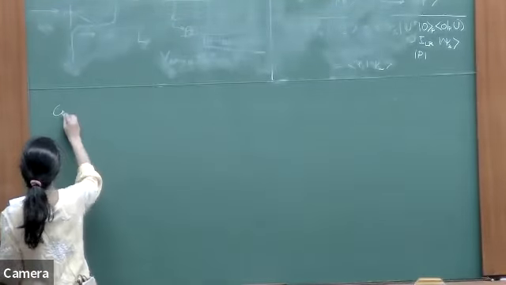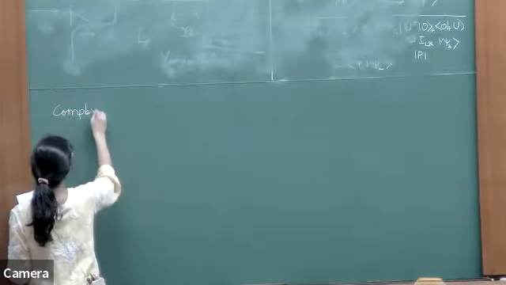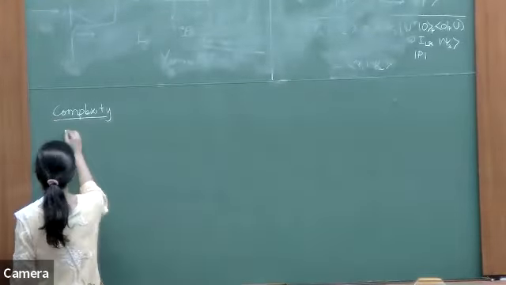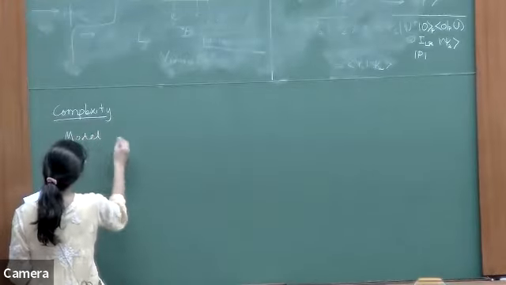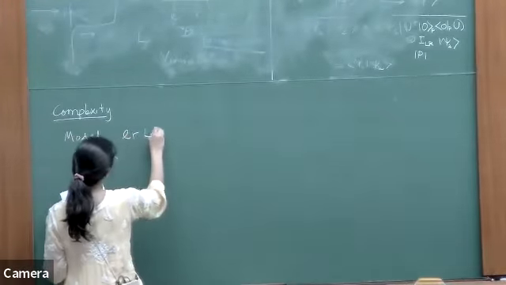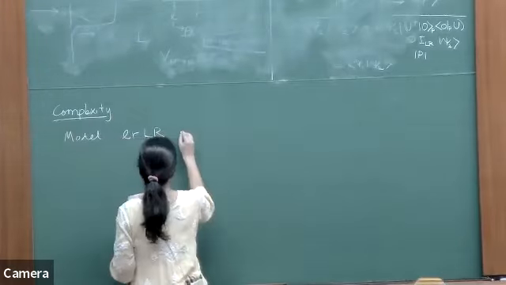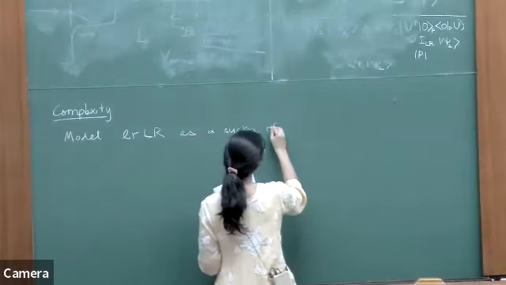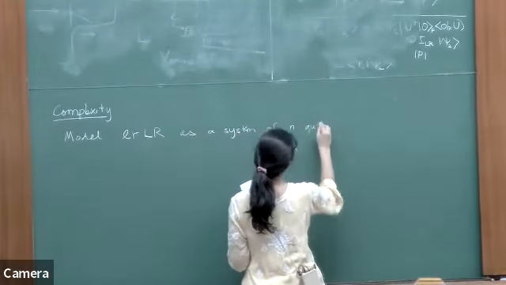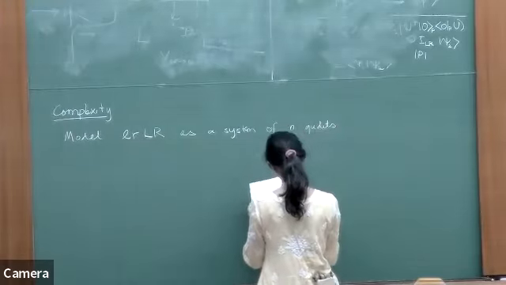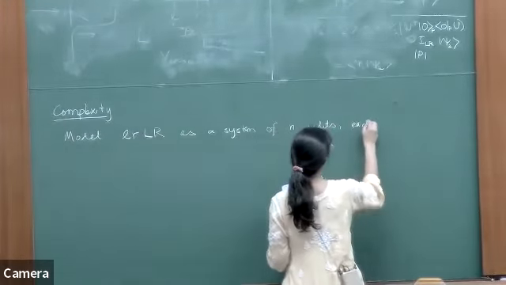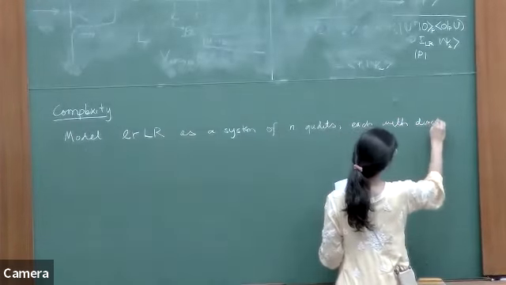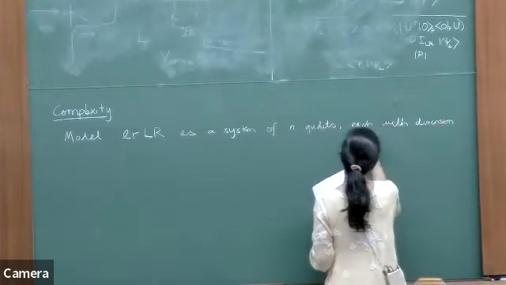Okay, so now let's define what we mean by complexity. To define this, we're going to model the whole system L, R, capital R, as a system of n qubits, each with some dimension q.